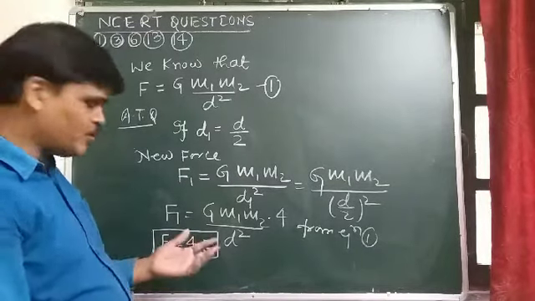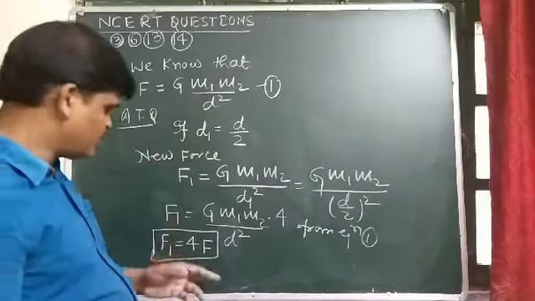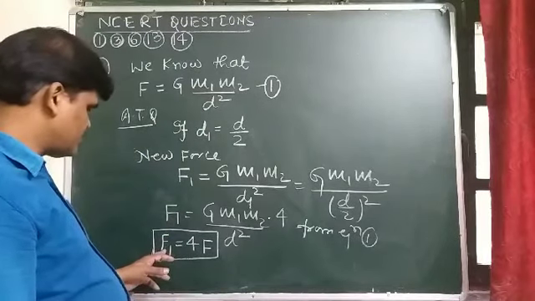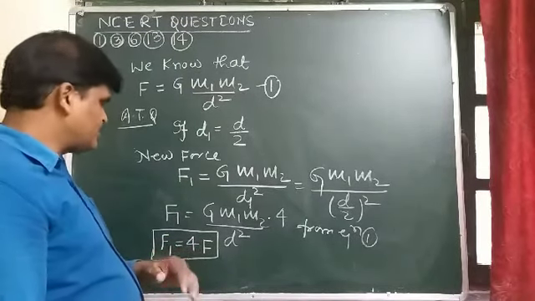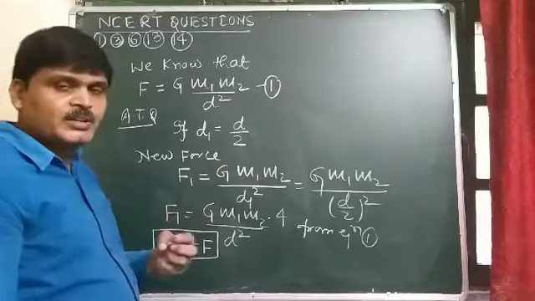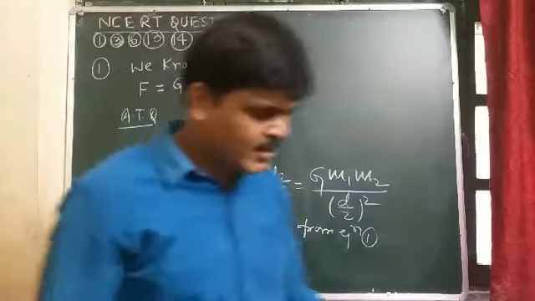It means the new gravitational force is 4 times the gravitational force acting between them in the initial condition.